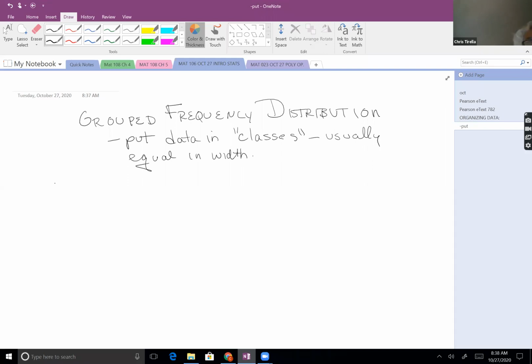And so normally in a normal semester, I would use the grades from exam 2 for this. However, because I don't have them all graded, I was trying to think of some other data I could collect from you folks for the grouped frequency distribution.